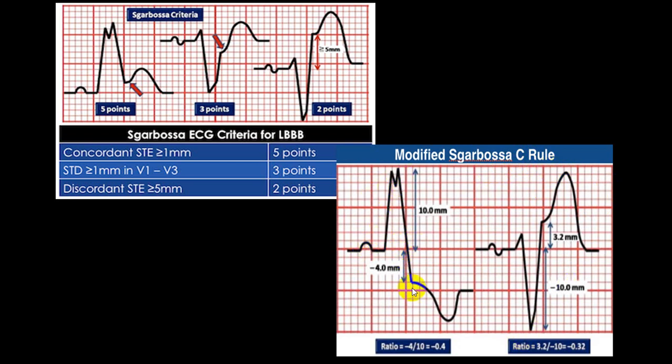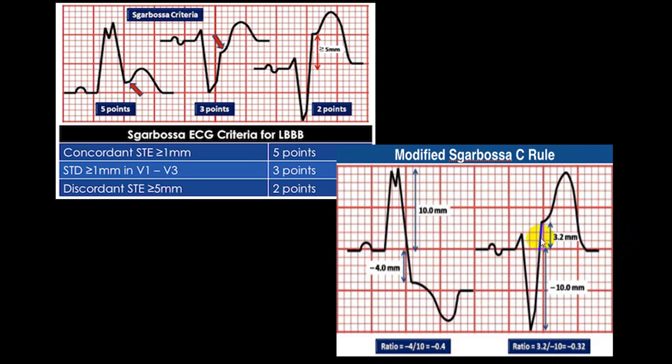Now there is something called the modified Sgarbossa rule. If you come across an RS pattern and there is a greater ST depression, and you take the ratio of the S wave to the R wave, and if it is less, then it is in favor of the Sgarbossa rule. Similarly, this is in V1, V2, and this is in V5, V6.